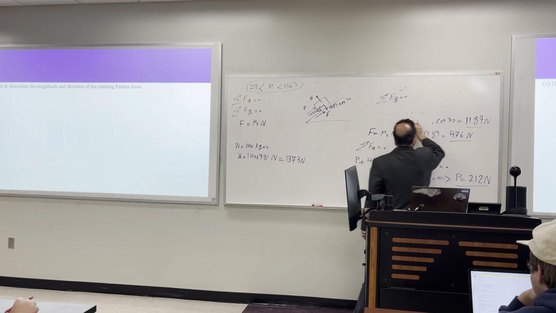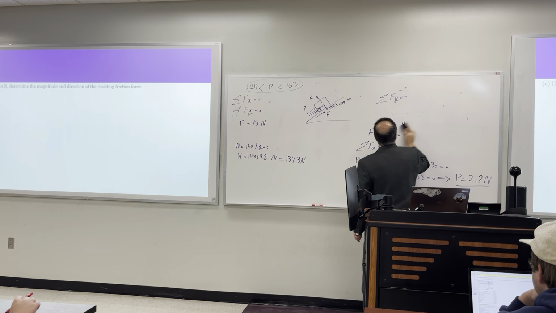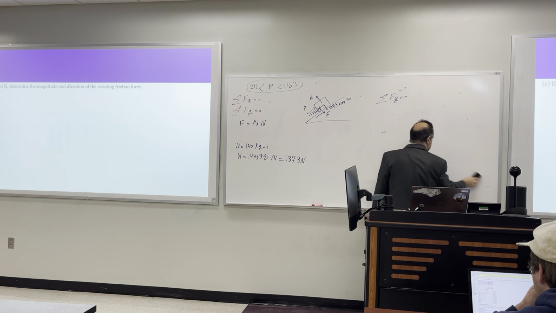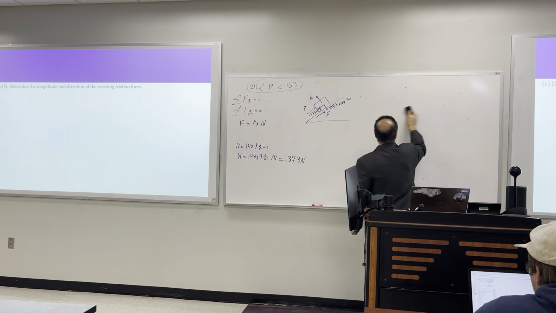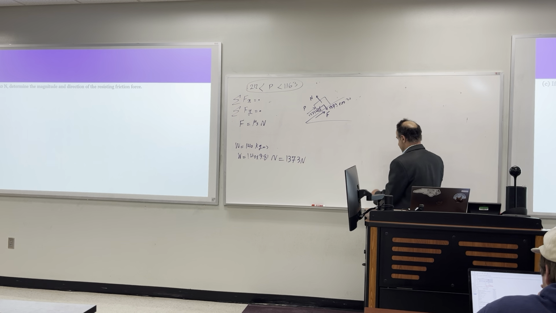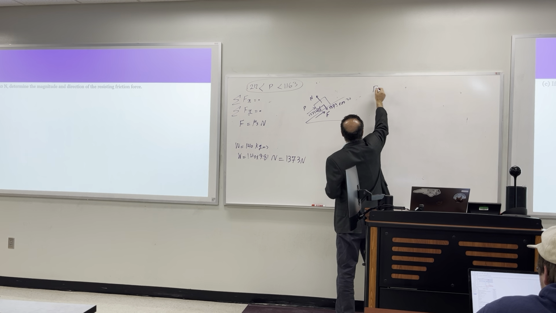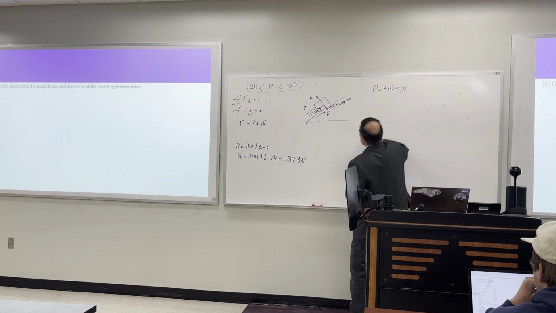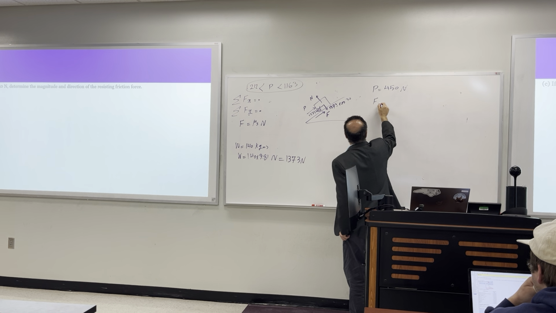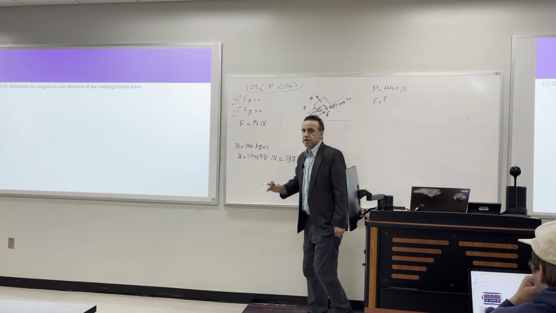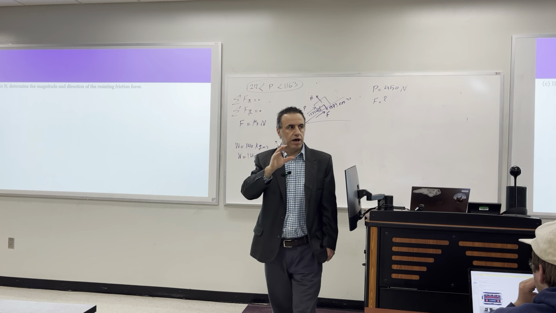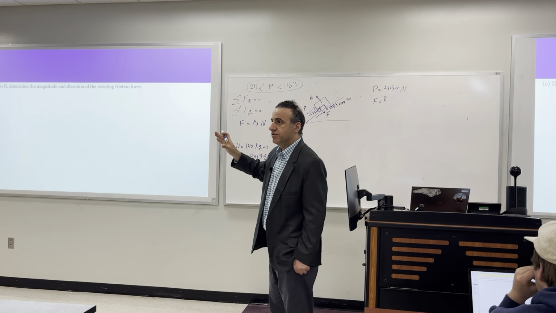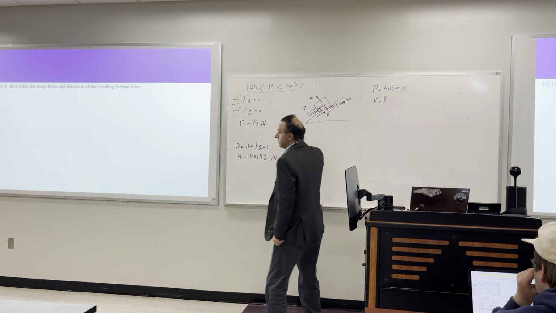Let me erase this part. When you have a force about 450, P is 450. Now you have to determine, we're going to find, what is the question? Find the friction force. It's important to have, again, the right assumption. Where is that F? Is it going up or is it going to be going down?